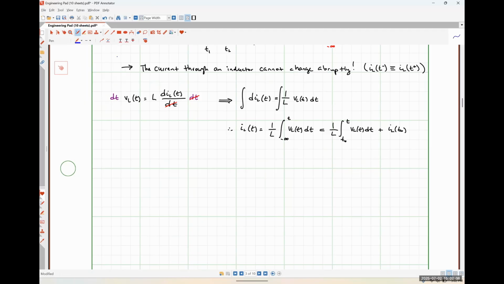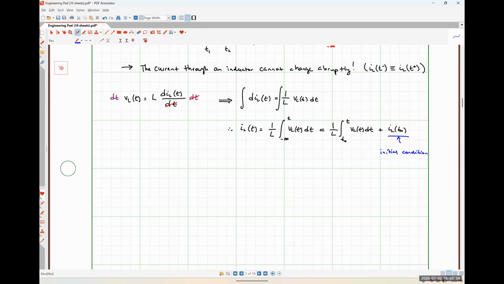This term right here is what's called an initial condition on the inductor current. Essentially, in some sense, an inductor has memory.